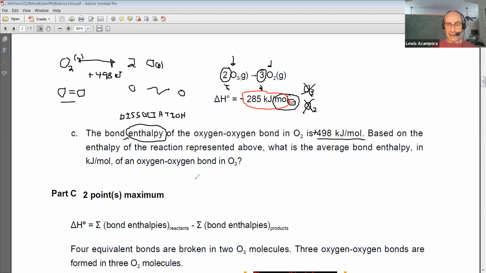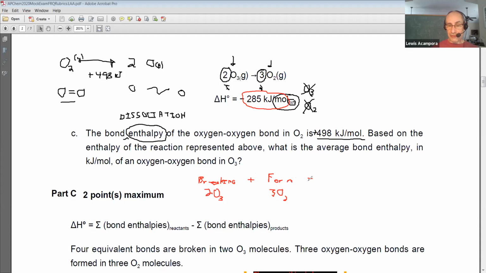So we could think about it as breaking bonds, and that's going to be a positive, breaking the bonds in 2 O3, plus the energy of forming bonds in the 3 O2 molecules.